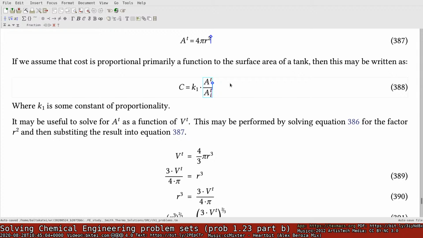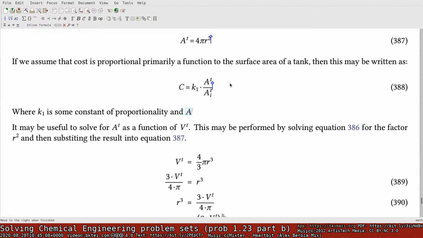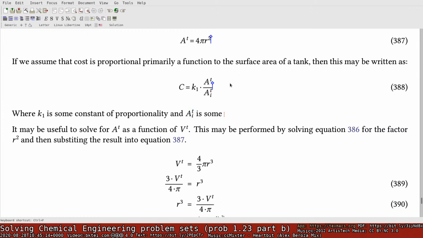So if we're already comparing the area to some reference area, for example, A by T equals 1 meter squared.